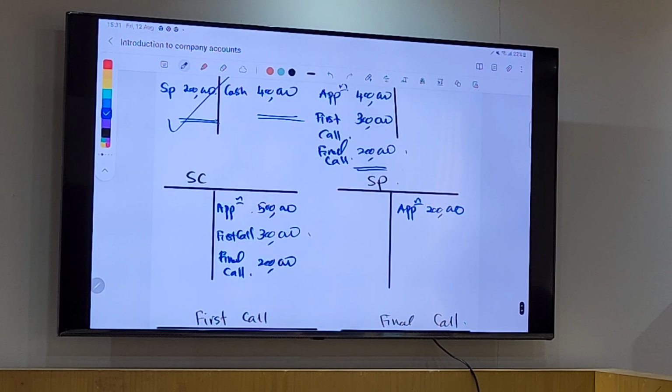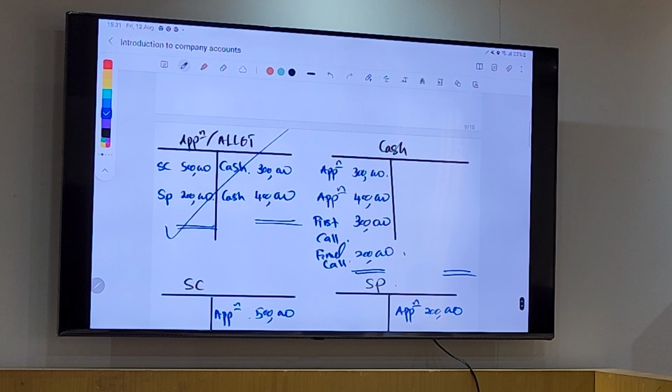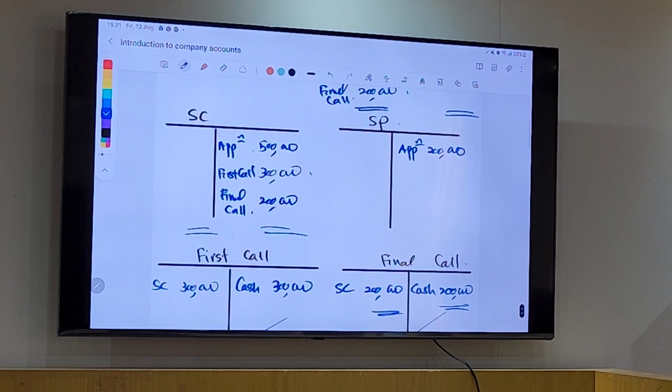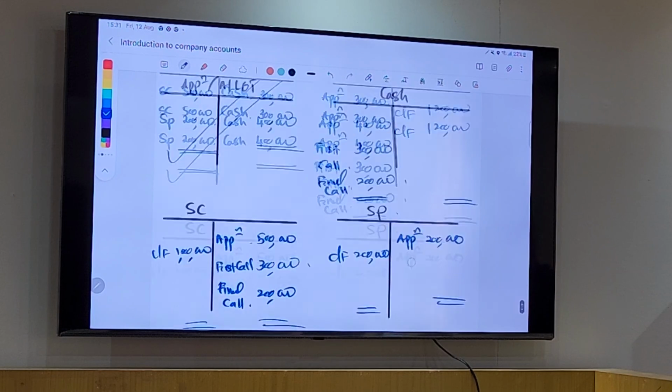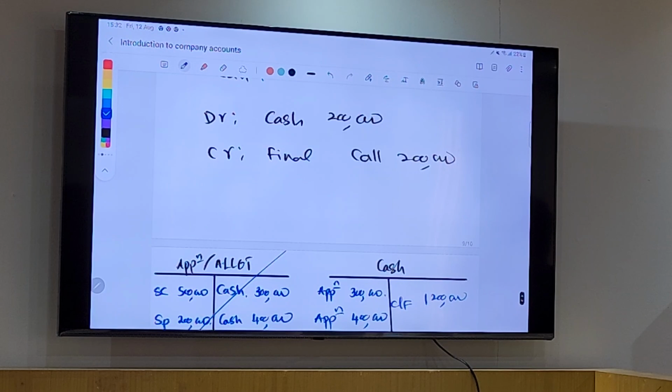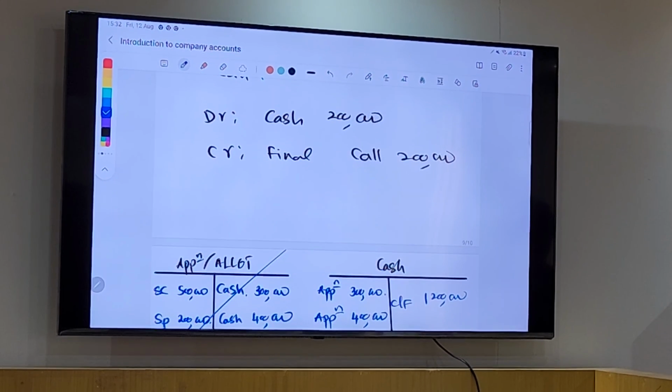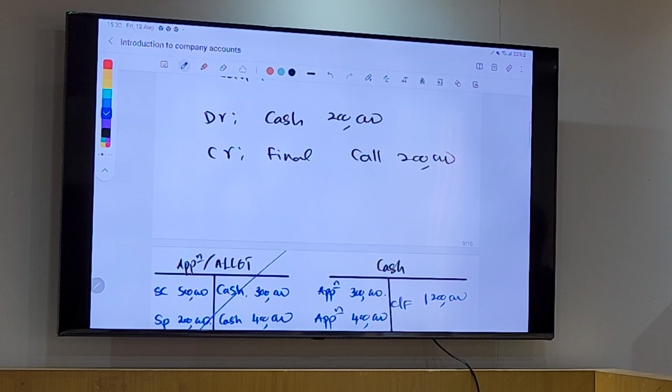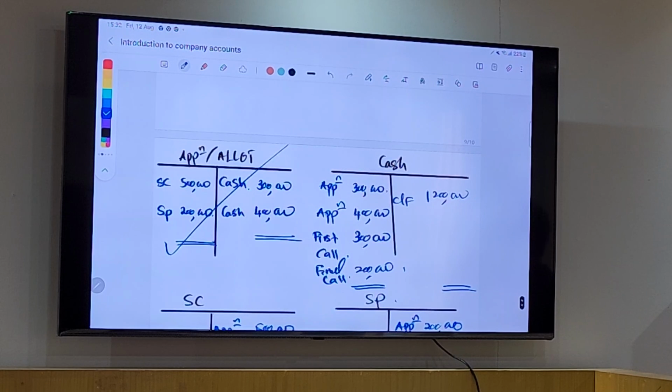Now if you balance this, you should get how much? 1.2 million. Carry it forward. And if you balance this, you should get 1 million. This is the first accounting entry that you need to understand. But your book doesn't have this. I deliberately did this. Without this understanding, if I continue, you will not understand. So now please stop the video and then we move on to the next.